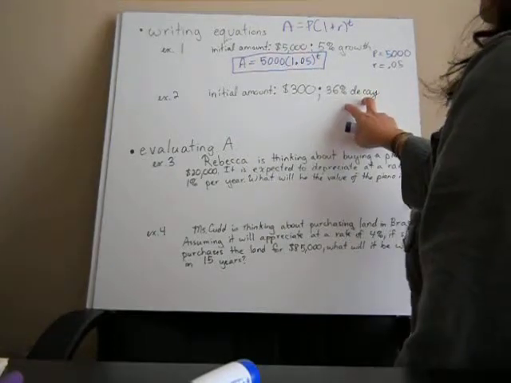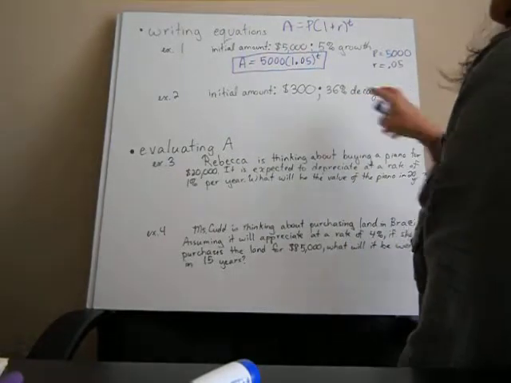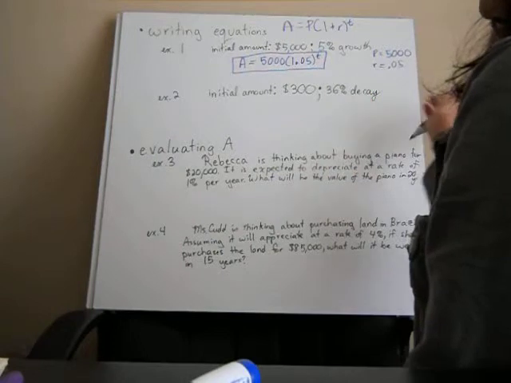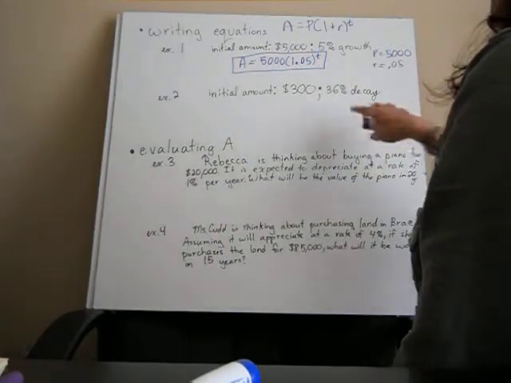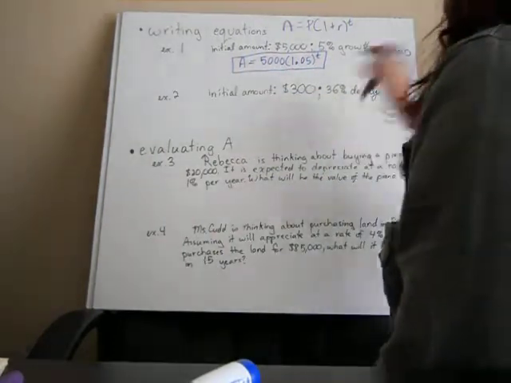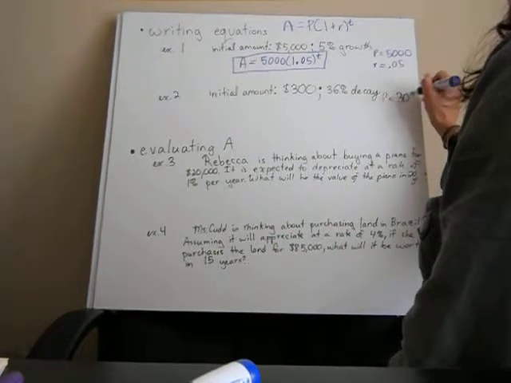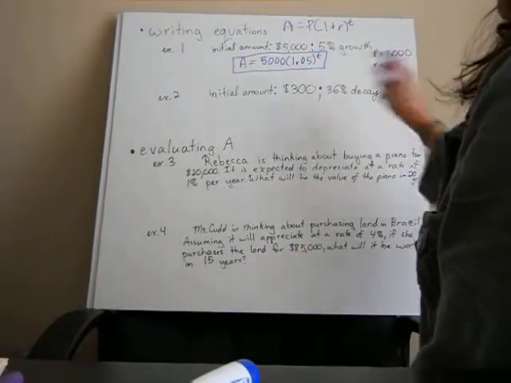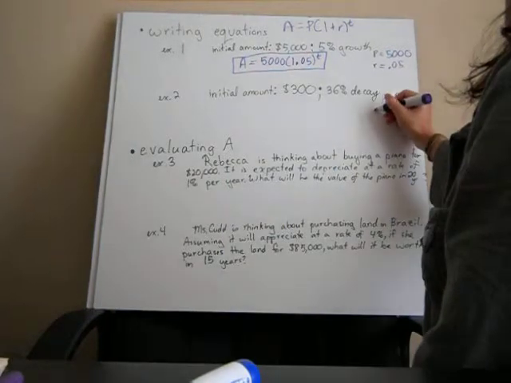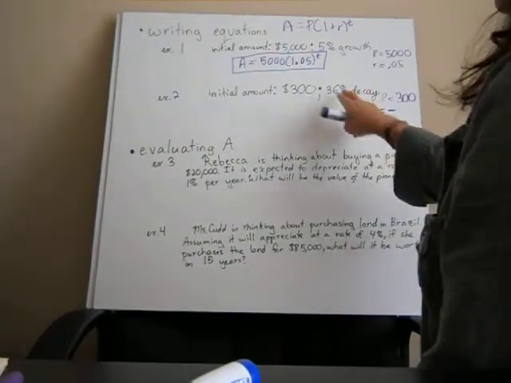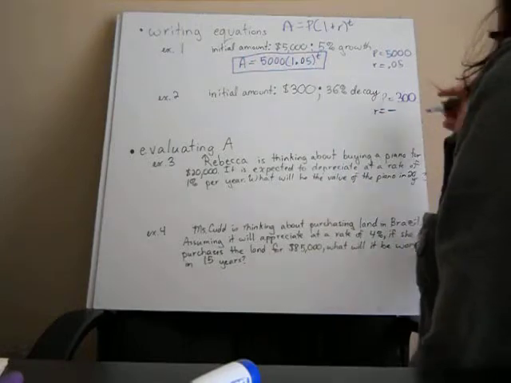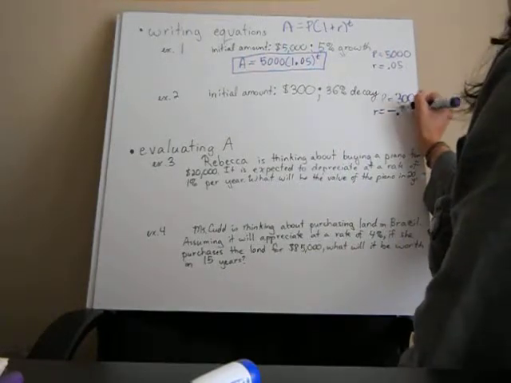Alright, a decay example is just slightly trickier because you still have to worry about that negative rate. So your initial amount is 300, so that means P is 300. If your decay is 36%, that means your rate is negative, and 36% divided by 100 is 0.36.